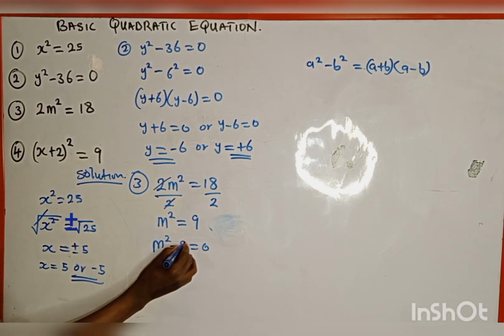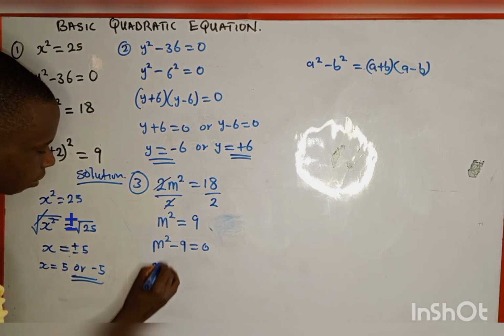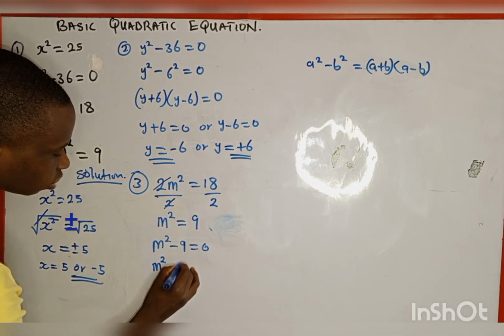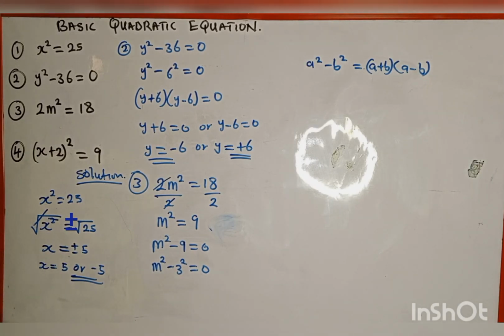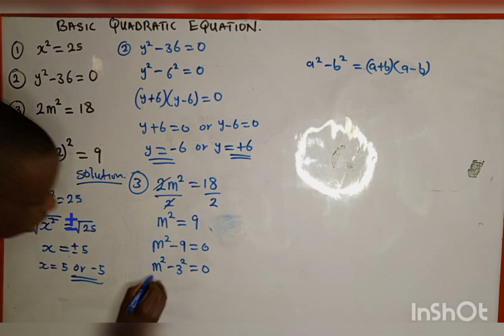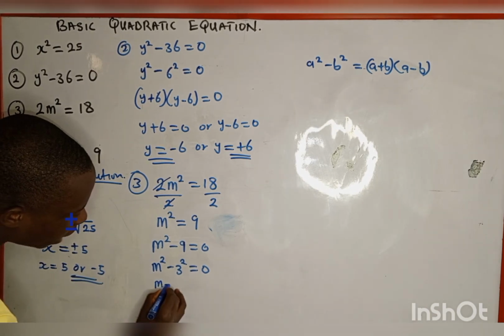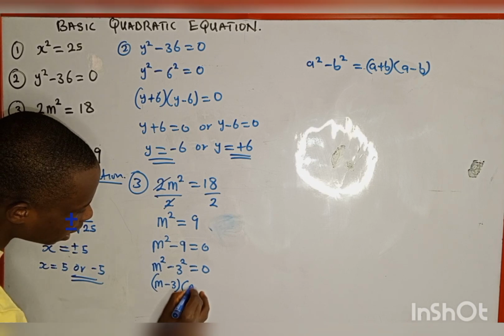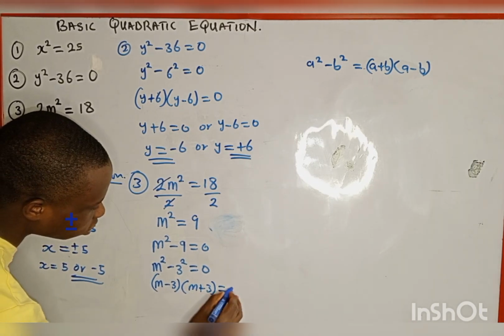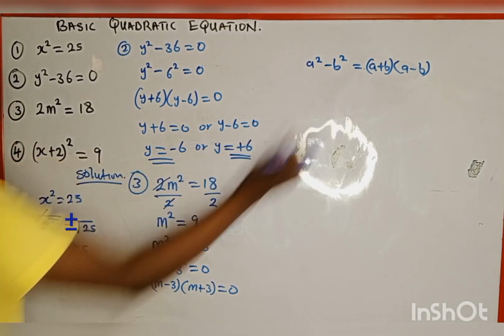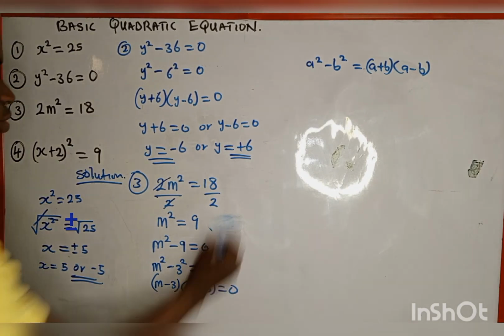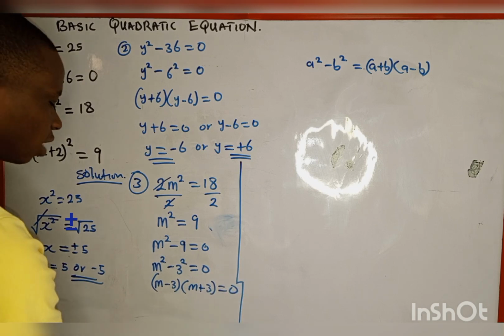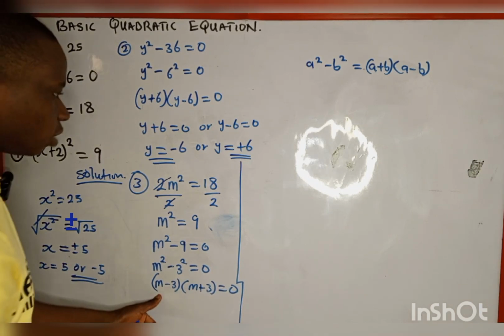And this 9 is also a perfect square. So we can have m square minus 3 to the power 2, which is equal to 0, because 3 multiplied by 3 gives us 9. So we are going to have m minus 3 multiplied by m plus 3, which is equal to 0. If you apply this rule, the difference of two squares, when two terms are multiplied and the product is equal to 0, either one of them is equal to 0 or the second one is equal to 0.